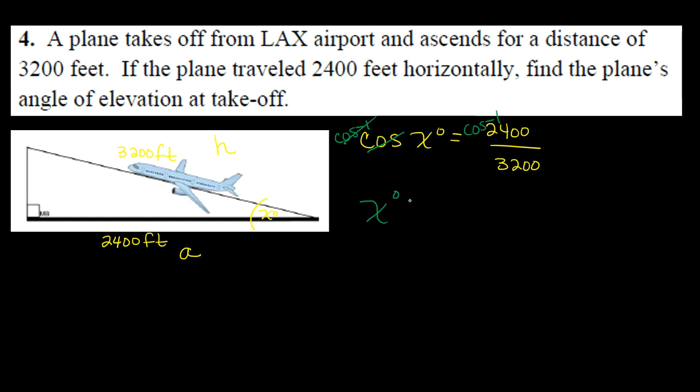So x is going to be equal to the inverse of cosine, and then we have 2400 over 3200. So second function cosine, n over d is 2400 over 3200. And we get about 41.4. So if we're rounding to the nearest degree, we're going to say 41 degrees.